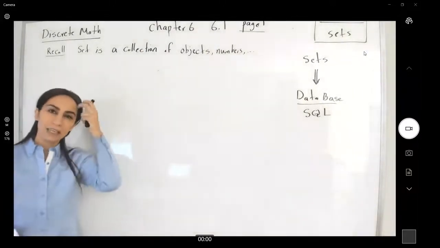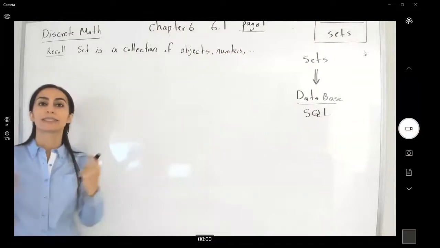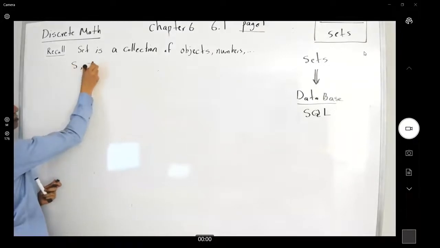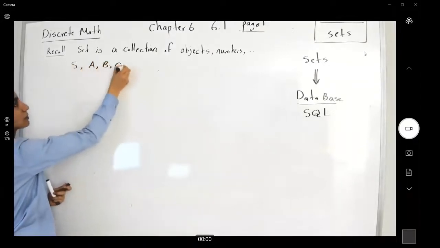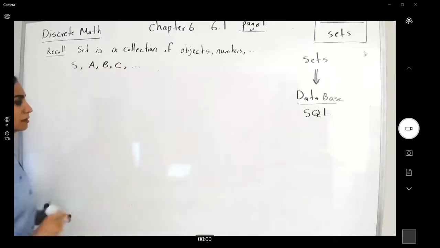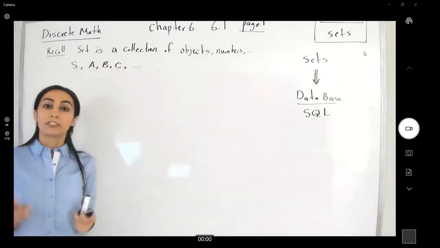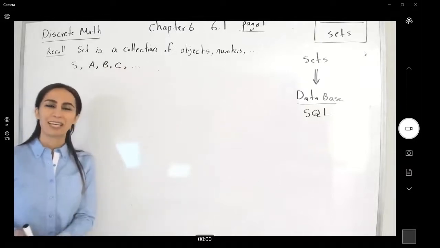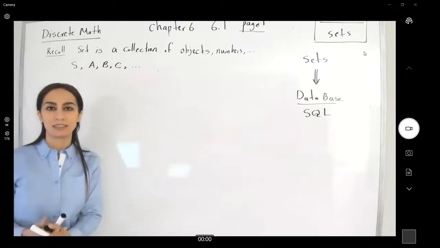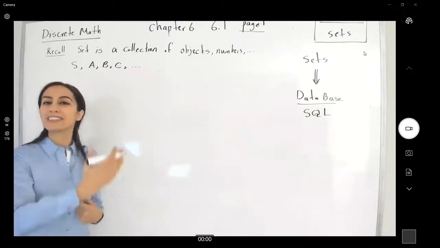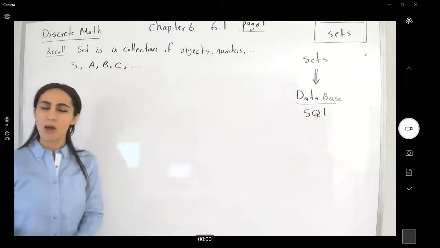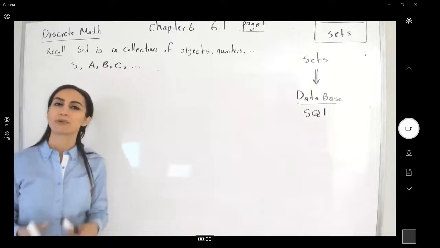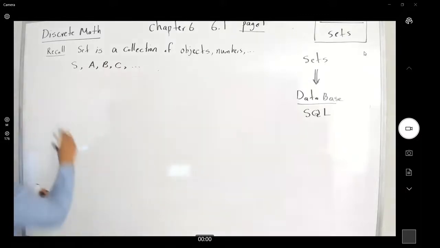And we say that, to denote sets, let us use capital letters like S, A, B, C, and the rest of it. We have different methods representing a set. We can either use roster method to list the elements of a set, or just set builder notation mentioning the properties of that set.